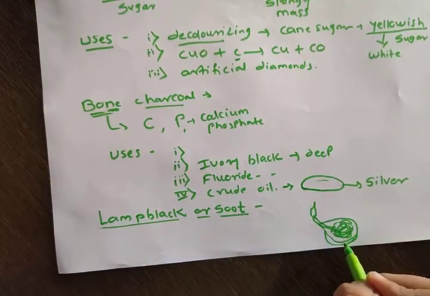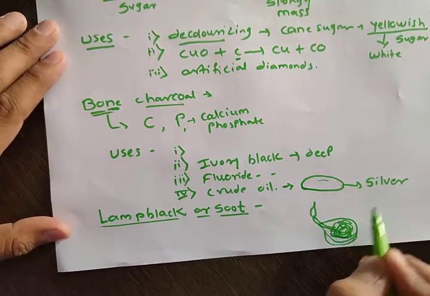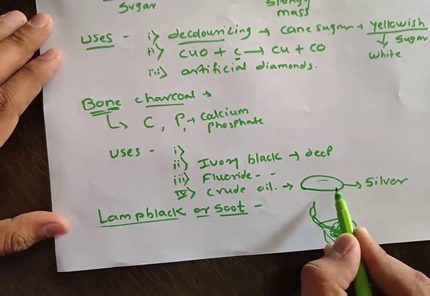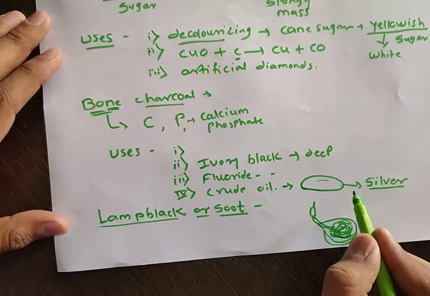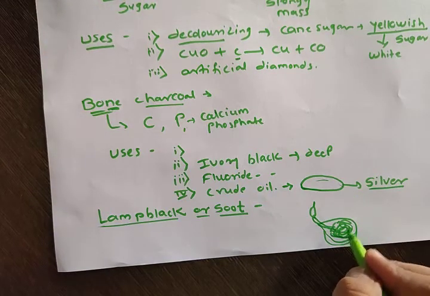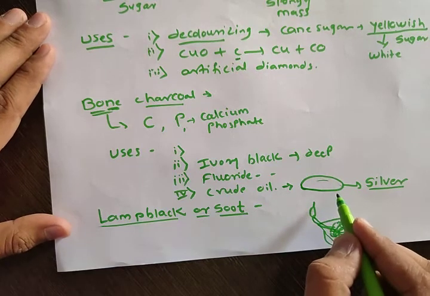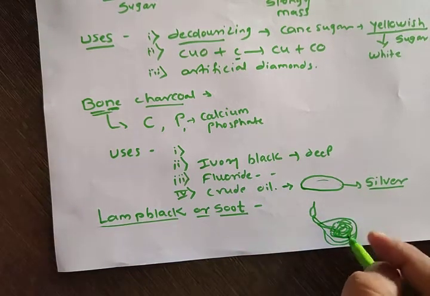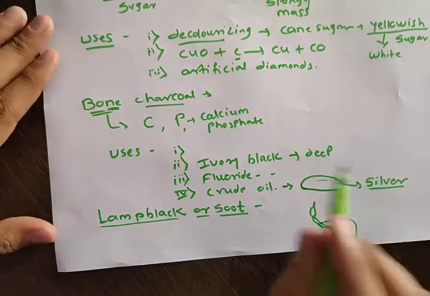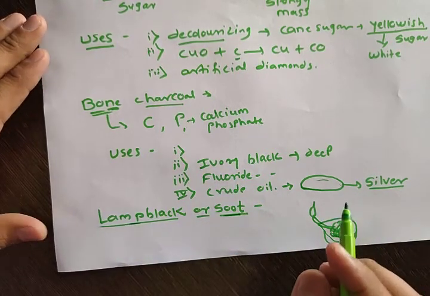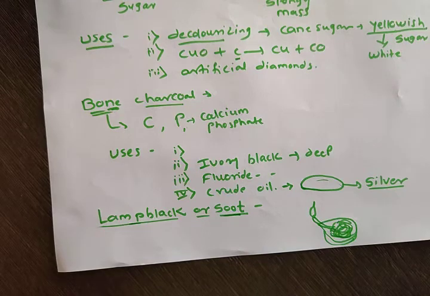Then after some time, when all the ghee is finished from this lamp, whatever black color soot is collected over this silver plate, by adding a little amount of ghee, this black color powder is used as a kajal. Okay, so this is called lamp black or soot. Okay, then what are the uses?